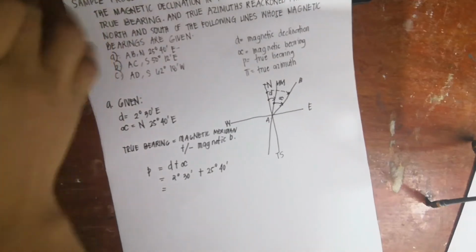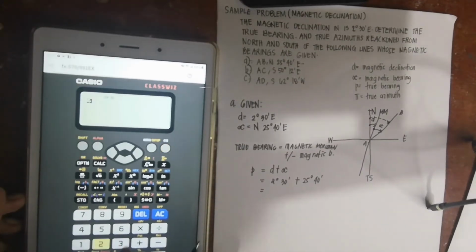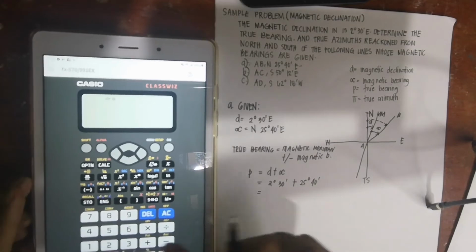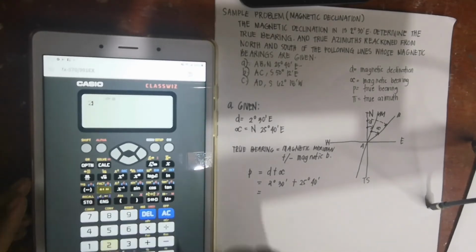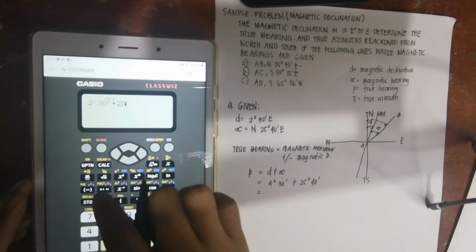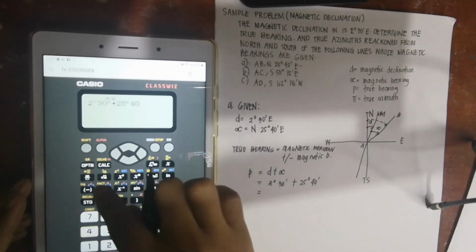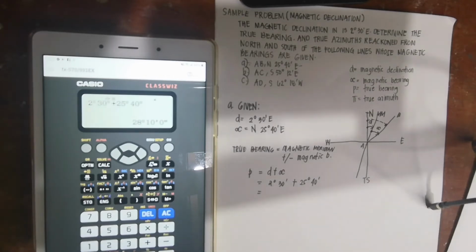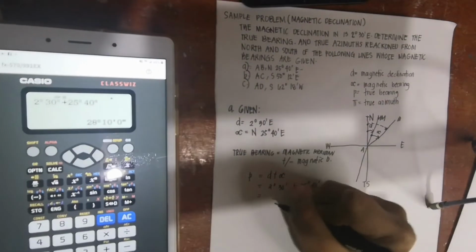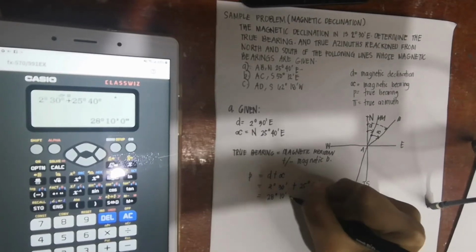Let's use the calculator to get the right answer. 2 degrees and 30 minutes plus 25 degrees and 40 minutes is equal to 28 degrees and 10 minutes.